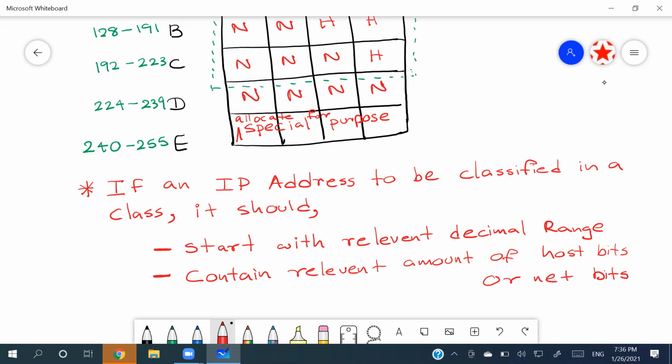If an IP address to be classified in a class, it should start with relevant decimal range. It should contain relevant amount of host bits or net bits.